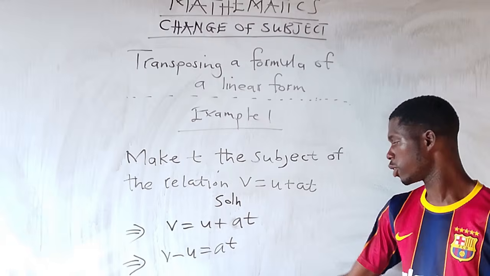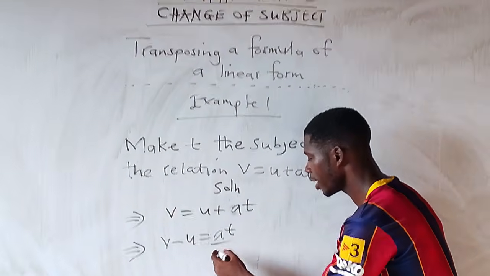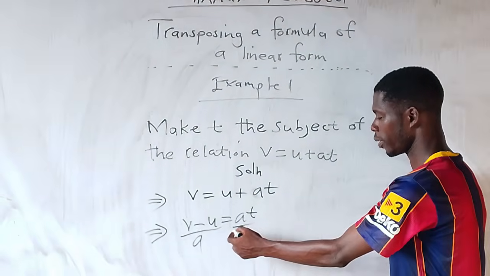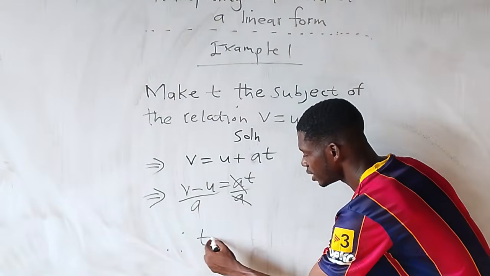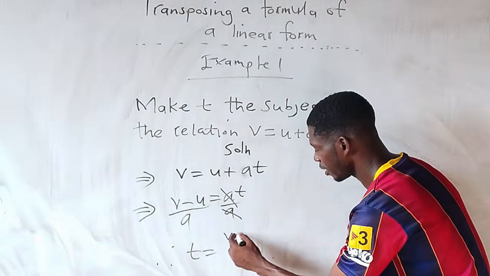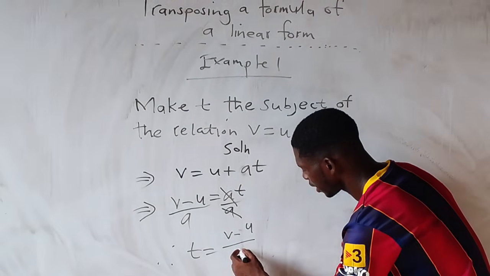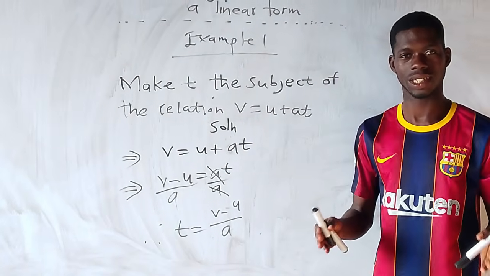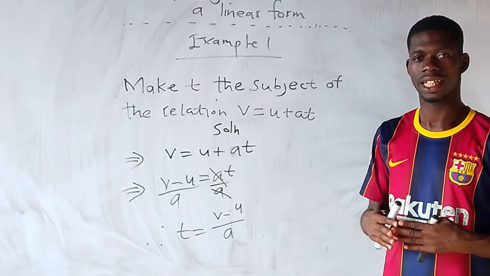So we divide both sides of the equation by A. A cancels A. So therefore, T is equal to V minus U over A. That is the right answer. You have made T the subject.